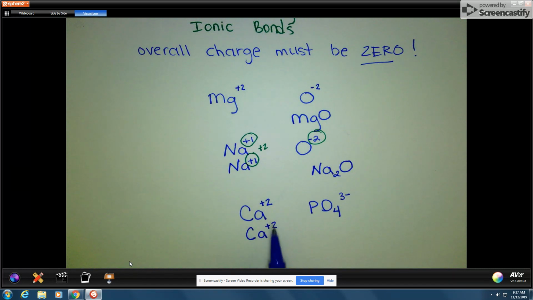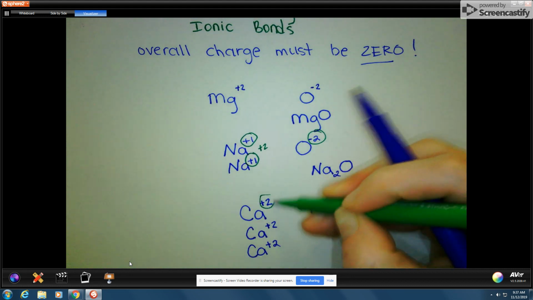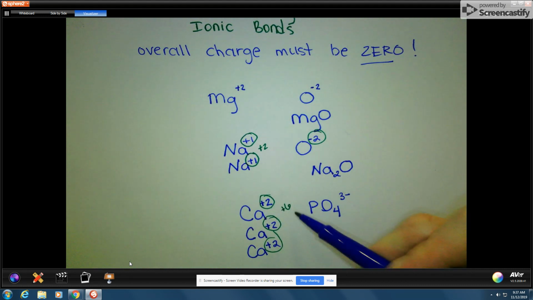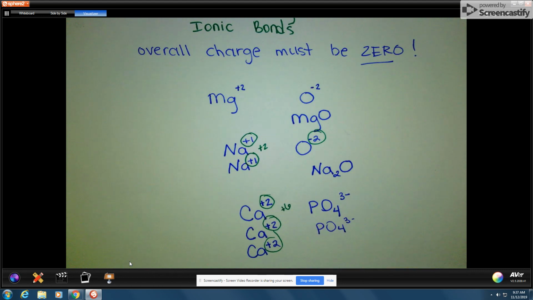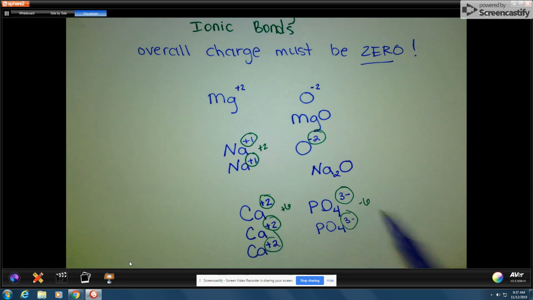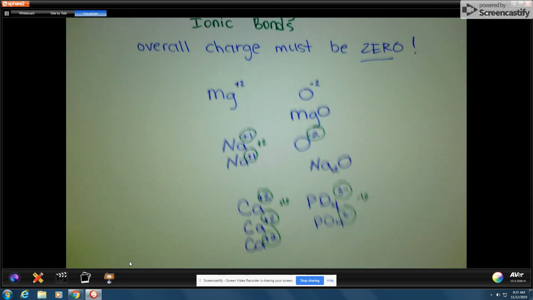And now I'm at +4. 3 still does not go into +4. So I'm going to add another one. And now I have an overall +6. 3 does go into +6, but I need 2 of them to make that happen. Overall, +6 and -6 cancels to a 0 charge.